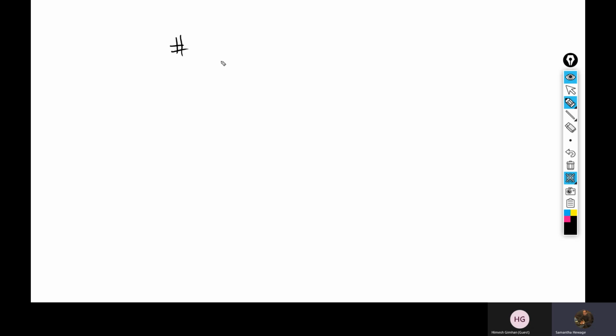Then next one. A small thing, control structures. This is a small theory concept. Control structures of programming, right? We have three control structures.